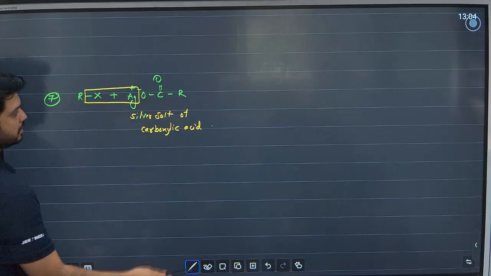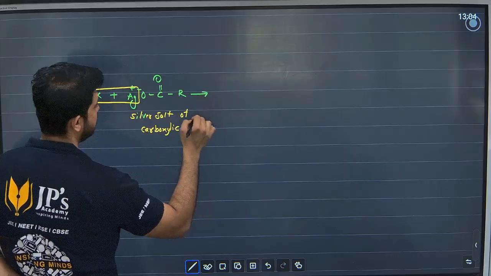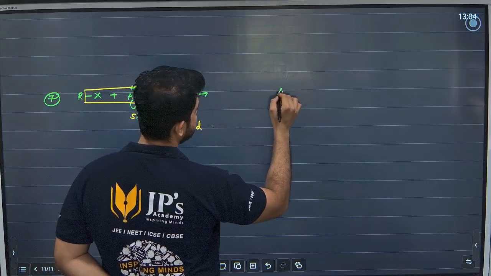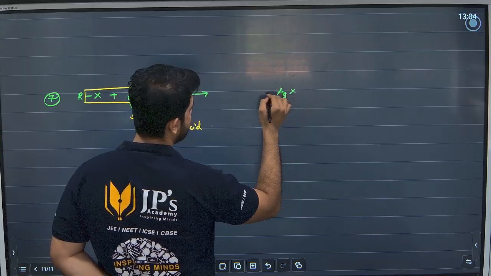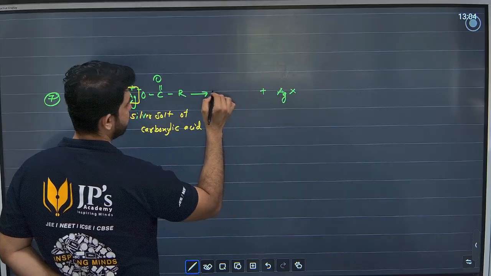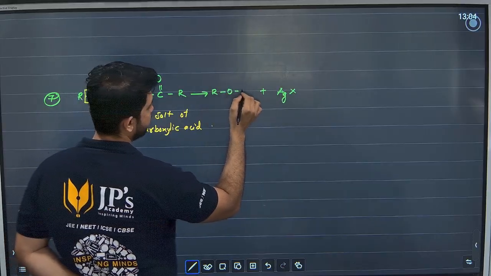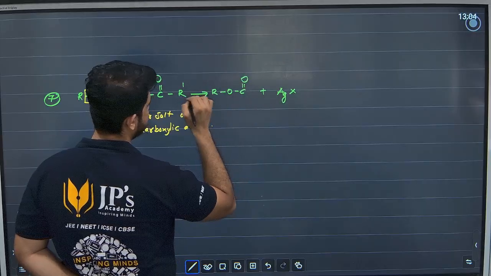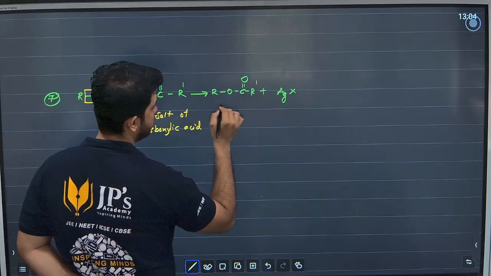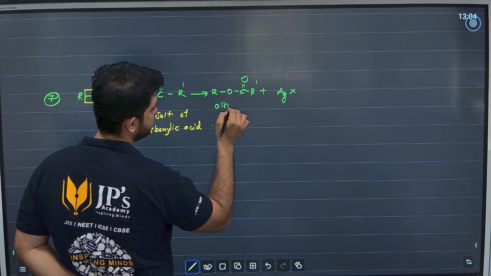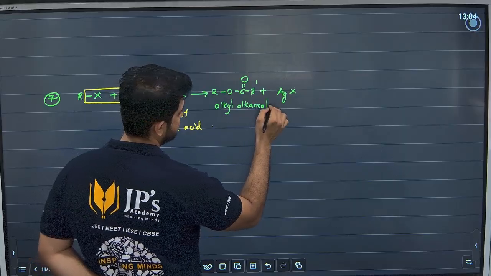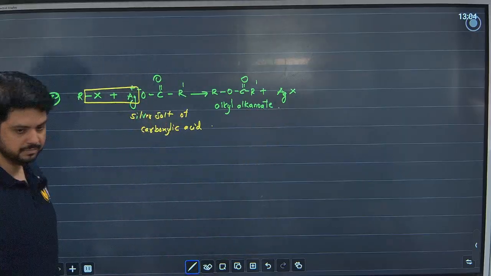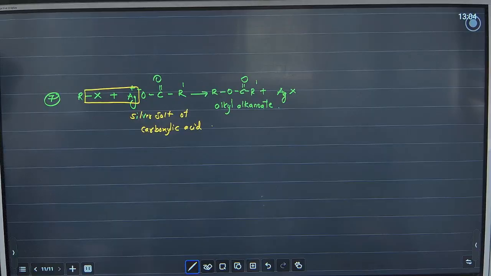What do you get here? AgX and ester. Do you people remember the nomenclature for esters? Excellent. Alkyl alkanoate. ठीक है, नेक्स्ट.